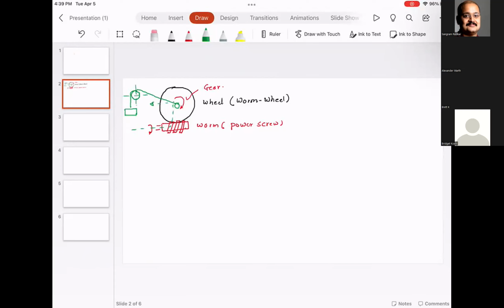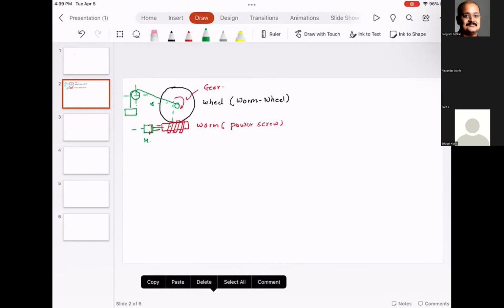Imagine you are lifting a load and all of a sudden the motor that is connected loses power supply. You don't want that load to run down on its own. You want that load to be braked.